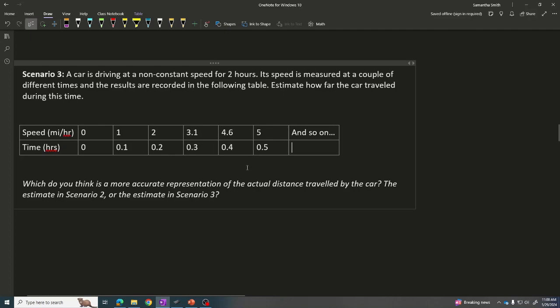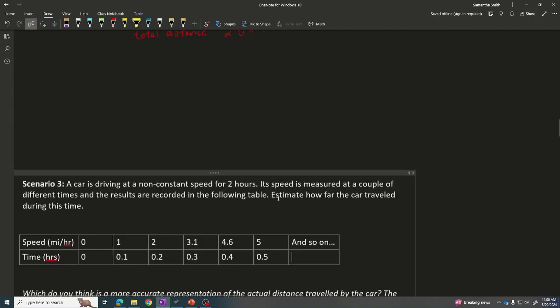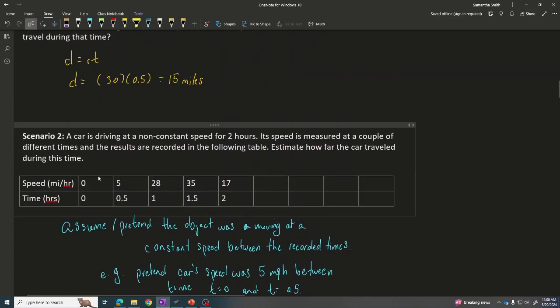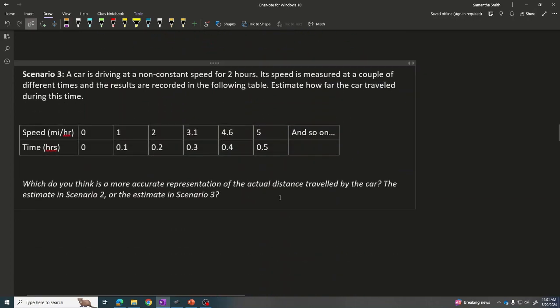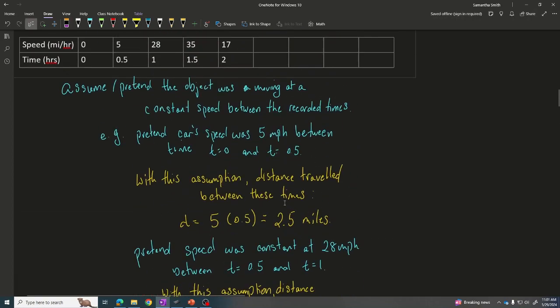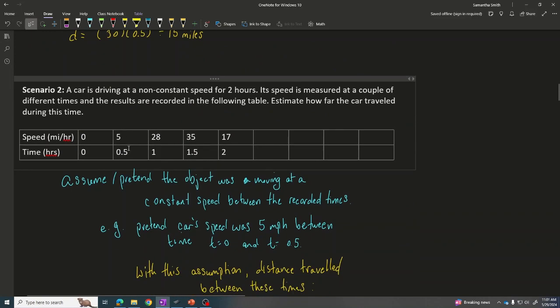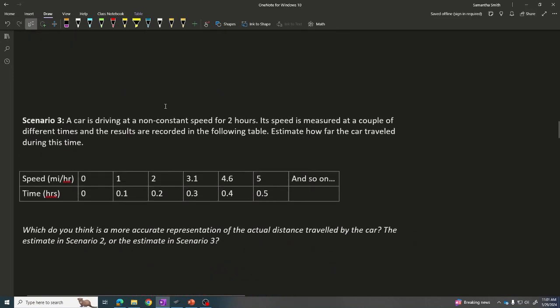So, thought exercise: compared to scenario 2, where the amount of time between your data is really big, which is going to give you the more accurate estimate? Having sparse data with big gaps between it, or having more fine data with less distance between your pieces of recorded data?